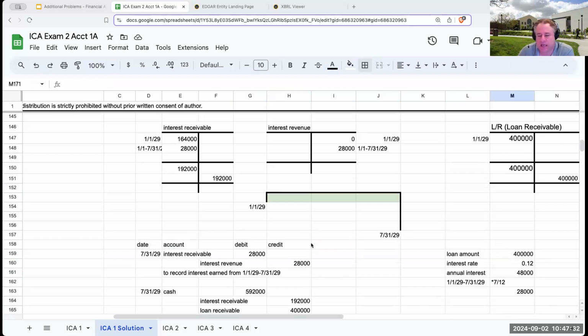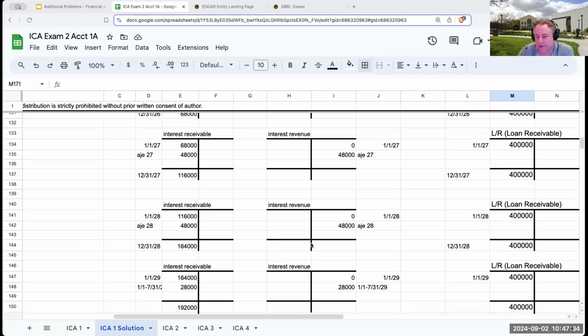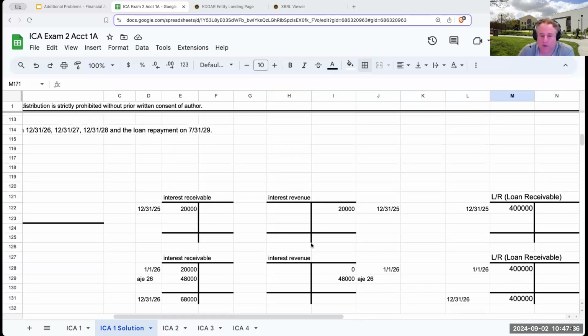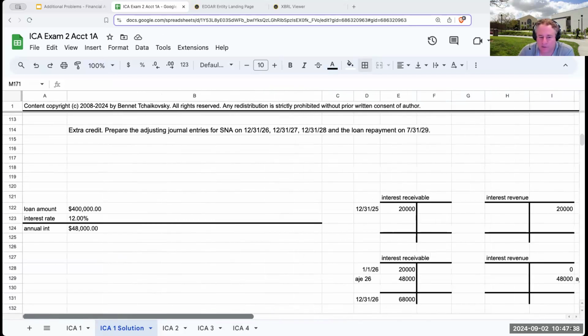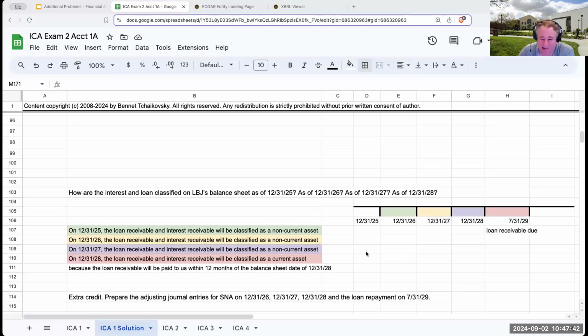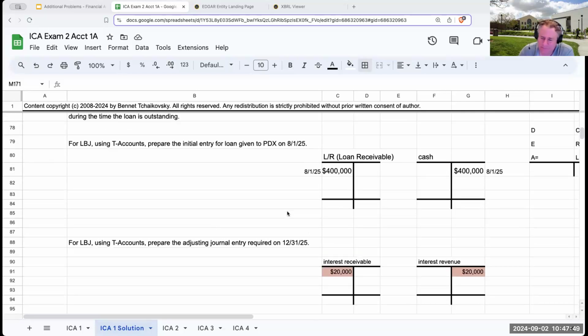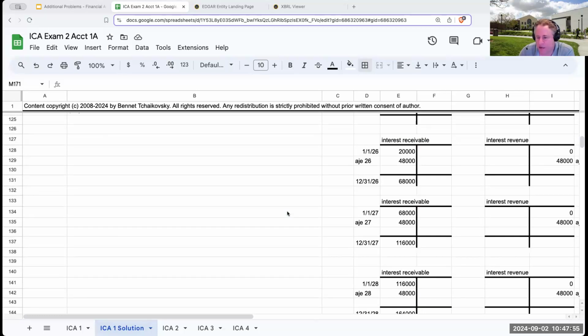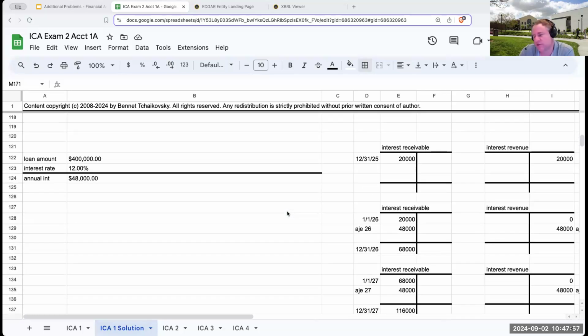Again, if you're taking my class, the only thing I'm really going to have you do is up to here, maybe understanding what the loan would be classified as in the future. That's all I'm really going to be asking you. This down here, I consider to be more advanced because there are additional computations involved, but who knows?